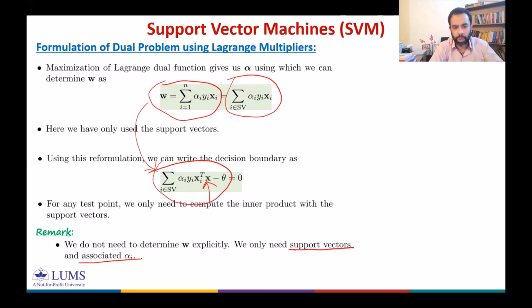If we know the support vectors, this is the decision boundary, and using the same expression we can estimate the label for a test point. So that was the formulation of the dual problem for the optimization problem we had for hard SVM.